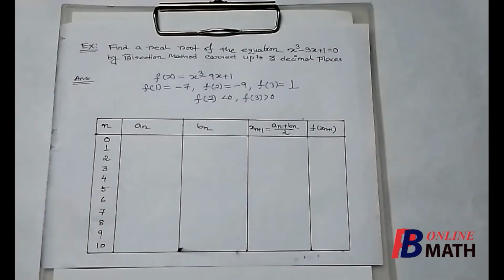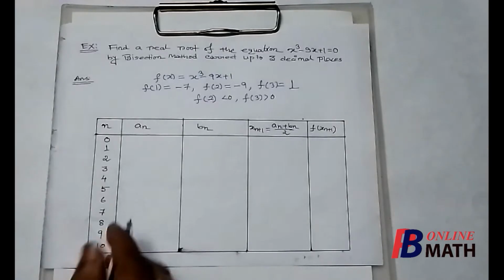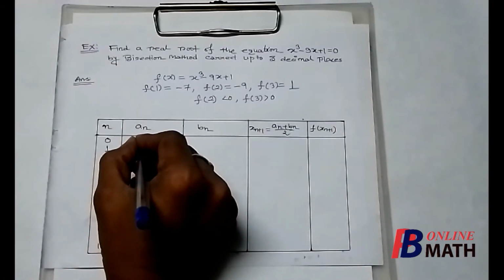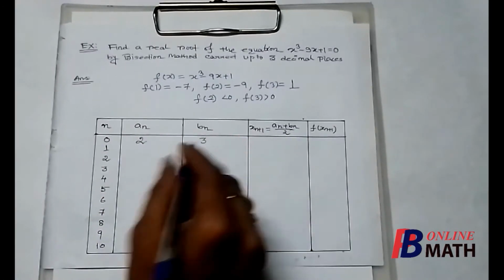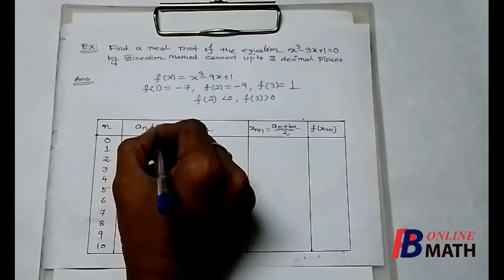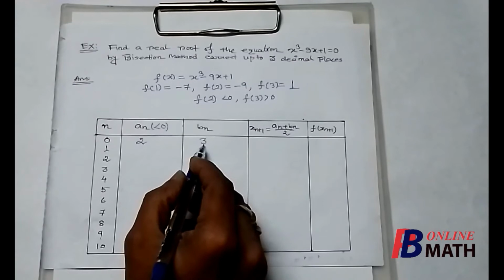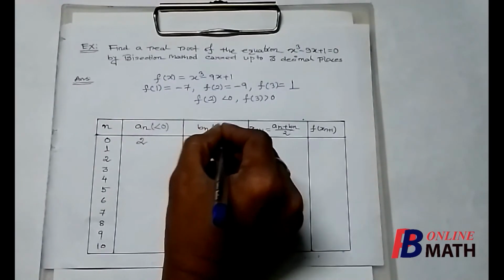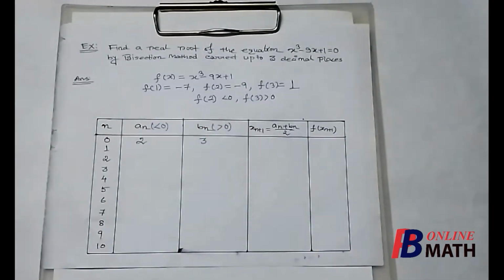So initially our interval is between 2 and 3, and here we have found that f(2) is negative and f(3) is positive. Now let us find this real root by using bisection method, which is correct up to 3 decimal places.